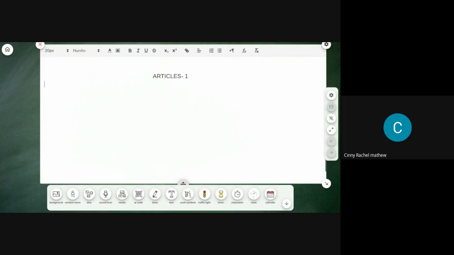So, let's get into it and familiarize ourselves with the articles and their uses. Let's put them into sentences.